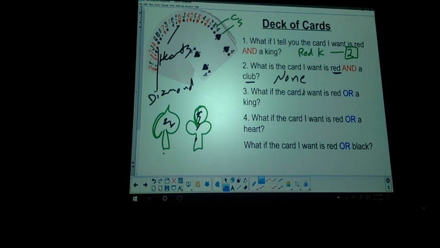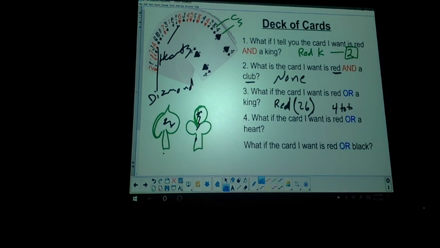What if the card I want is red or a king. So red cards happen to be, how many red cards do you think are in a deck? There's 52 in a deck. 26. So I have 26 red or a king. How many kings are in a deck? There's 4 total.